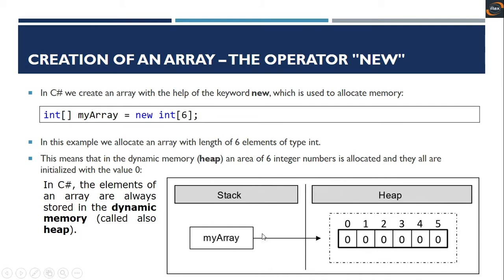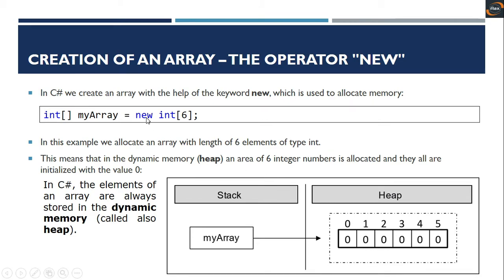So let's see how we can depict the memory representation of array elements. Here, the name of the array is stored in the program's execution stack space, and the elements are stored in the heap, or the dynamic memory.